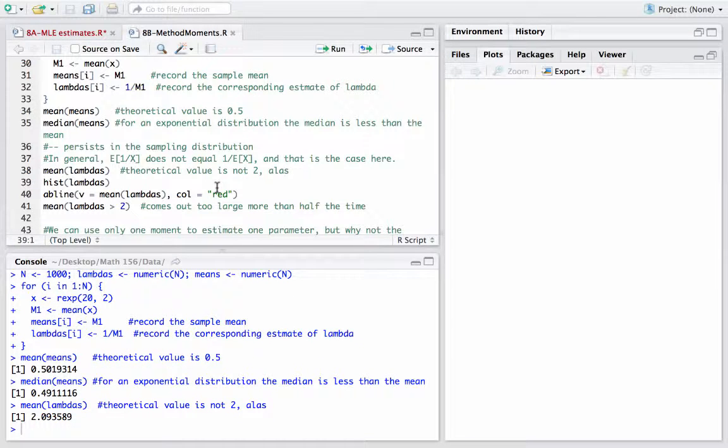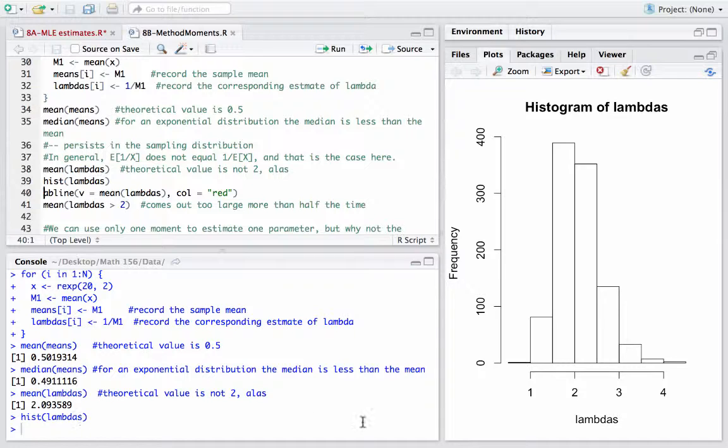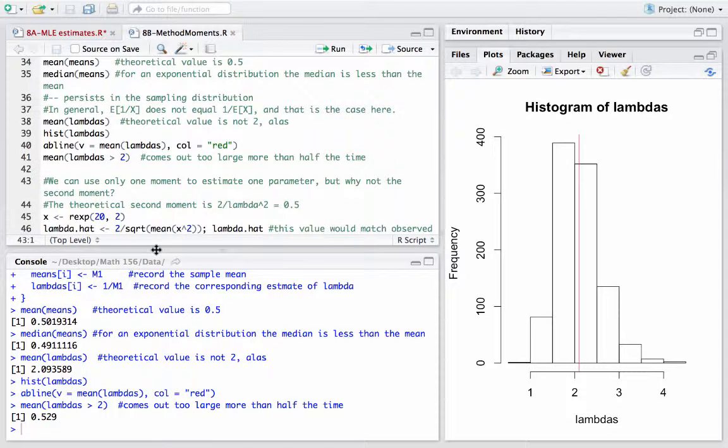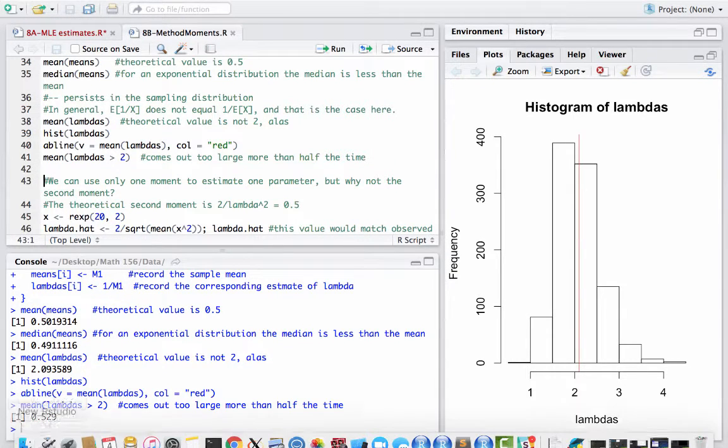So the theoretical value is not 2, and this comes out to be somewhat bigger than 2. If we look at the histogram, you can see why. The skewness of the exponential distribution persists here, and we have an asymmetrical distribution of data with too many values too far above the mean. And so more than half the time, our lambda is an overestimate.